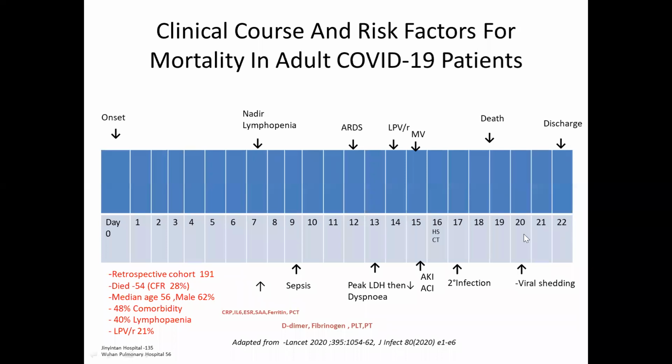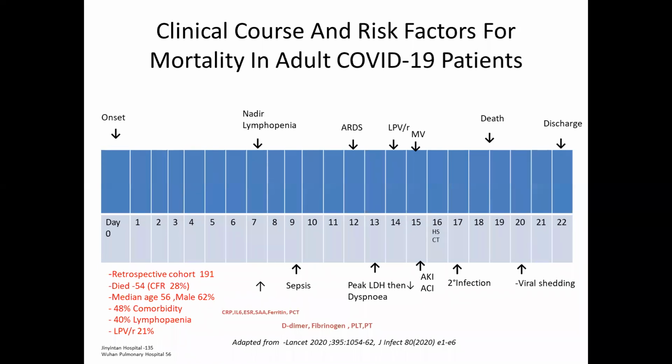And viral shedding went on a mean of 20 days and discharge was about day 22. Also do appreciate that the outliers had viral shedding well outside of this range and would go on until the 37th day. So what we're seeing is the progression we anticipate.